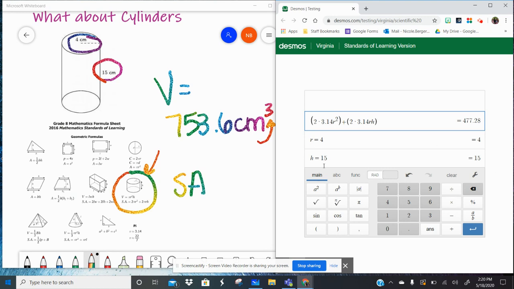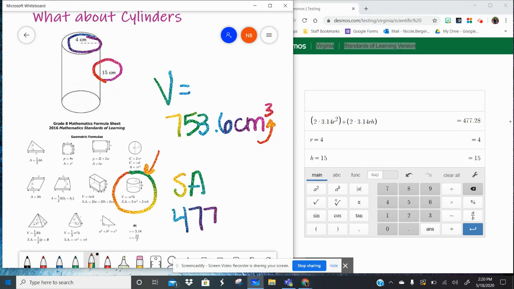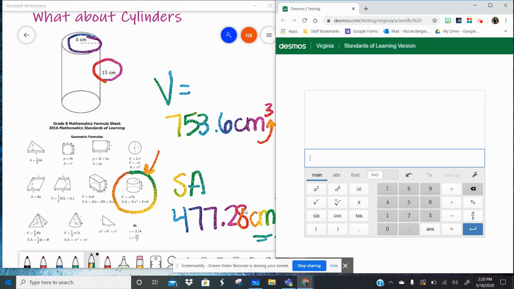And since the R and the H are already on there for us, boom, it's right here. 2,800 and 477 centimeters squared. Remember, for surface area, we're doing that squared scenario, right? Easy. Use the formula sheet, plug in what you know. Couldn't be easier if we tried.